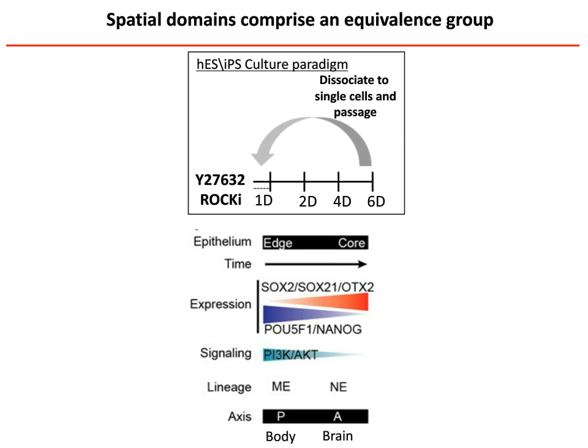As they divide and migrate, edges are formed spontaneously, as you saw in the movie. Those spontaneous changes are associated with an increase in the expression of proneural transcription factors and a decrease in the overall expression of the pluripotency factors POU5F1, OCT4, or NANOG.